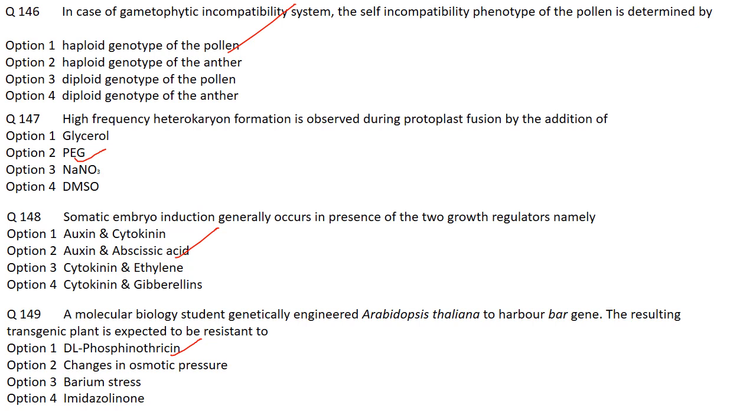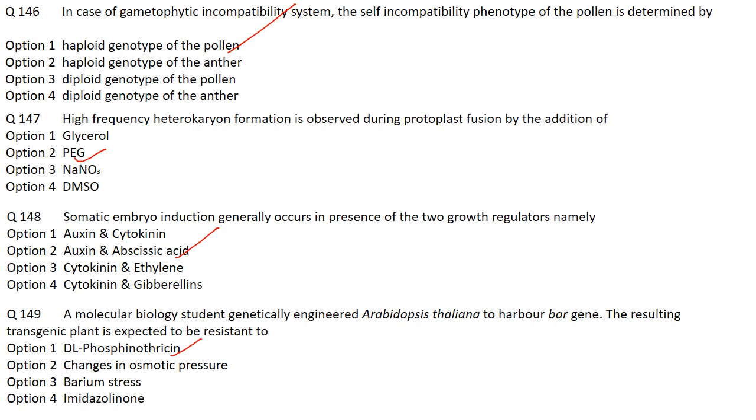Then, in case of gametophytic incompatibility system, the self-incompatibility phenotype of the pollen is determined by... So self or self-related pollen is recognized and specifically inhibited by the female pistil. That is called as self-incompatibility.